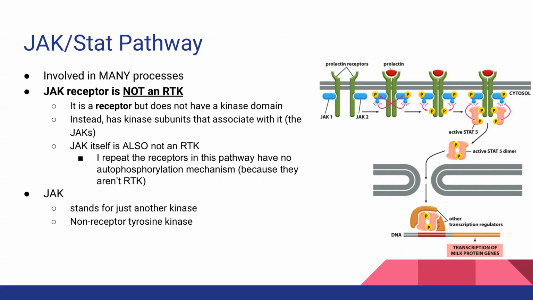We have JAK1 and JAK2, and they phosphorylate each other. And then after they're autophosphorylated, they phosphorylate the receptors that they're bound to. And JAK itself is not an RTK, it's just a protein subunit that is bound to another receptor.